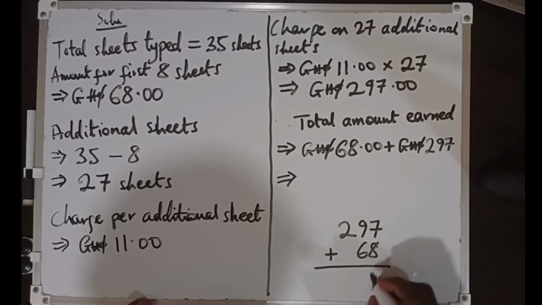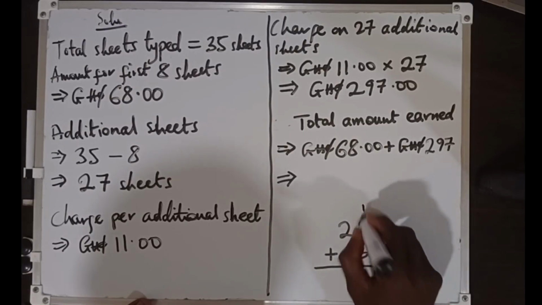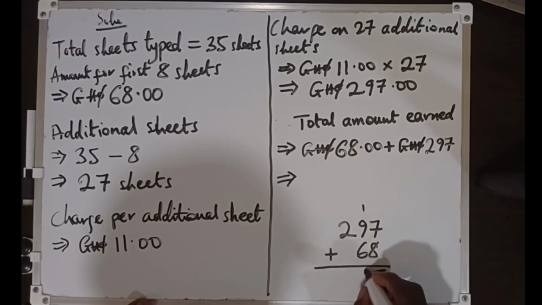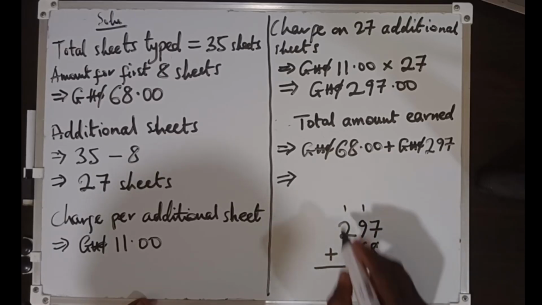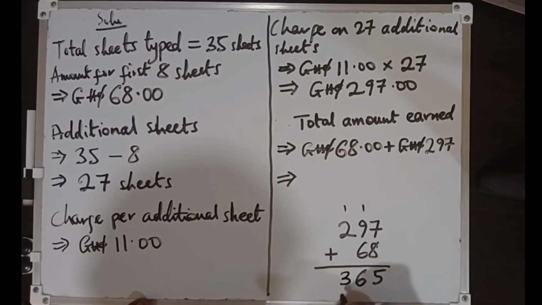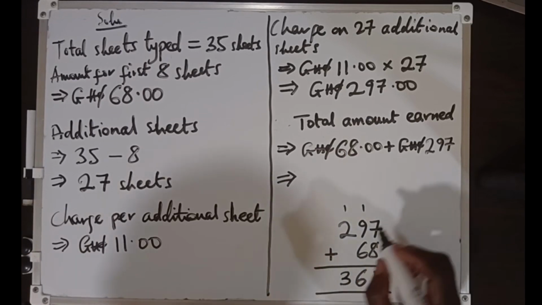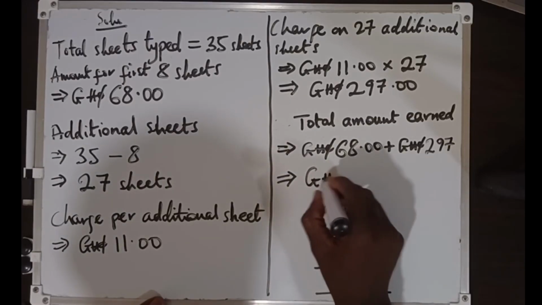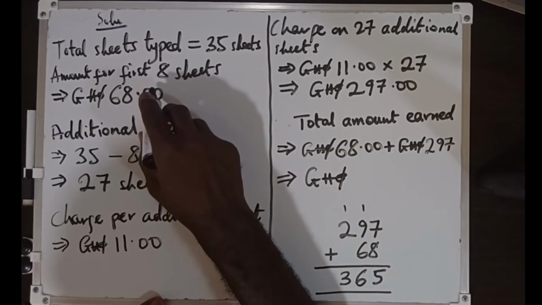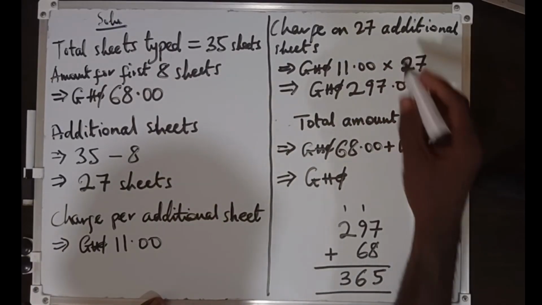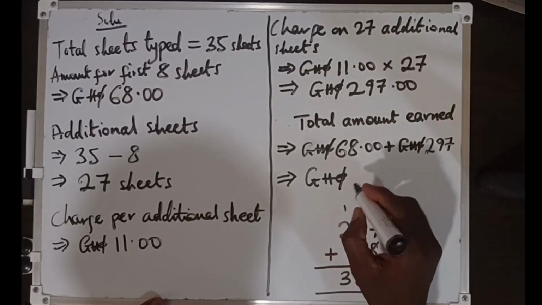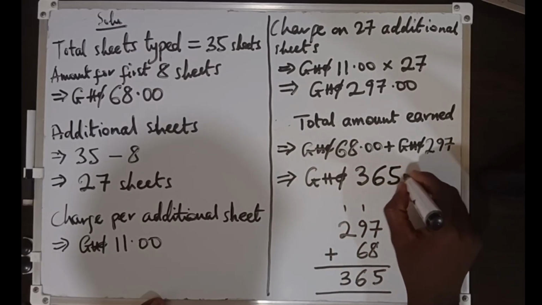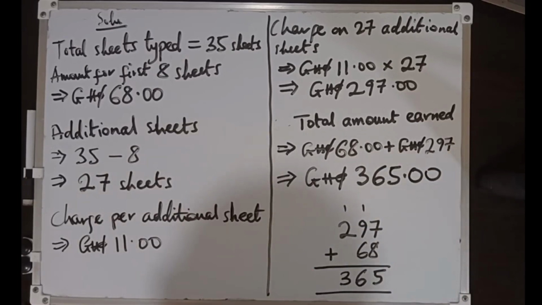So 7 plus 8 is 15. 5 carry 1. 1 plus 9 is 10, plus 6 is 16. So 6 carry 1. 1 plus 2 is 3. So it means the total amount that the typist will earn after typing 8 first sheets and 27 additional sheets, a total of 35 sheets, is going to be 365 Ghana cedis.